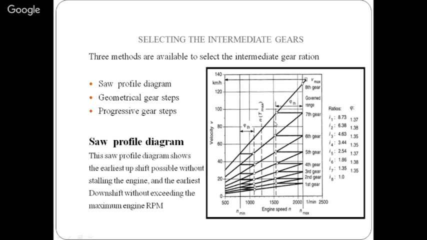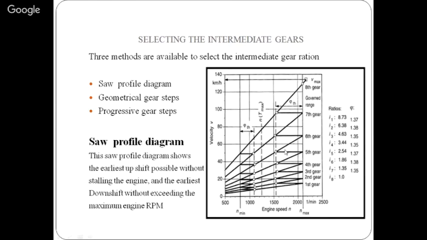But at this point the speed is 75. Vehicle will remain at the speed of 75. But at 75, the engine RPM will decrease up to 1000. Clear?